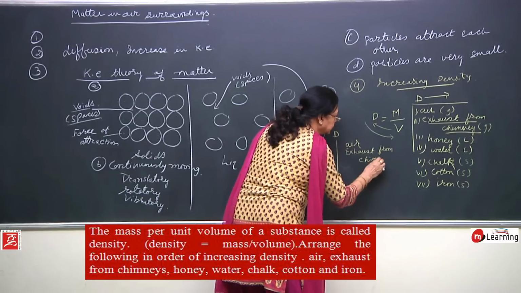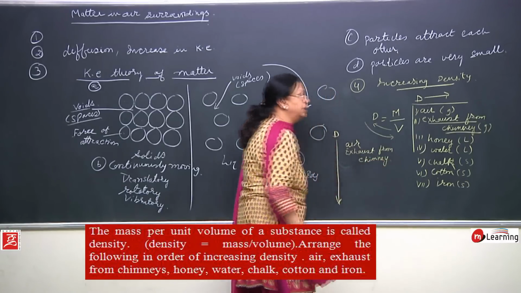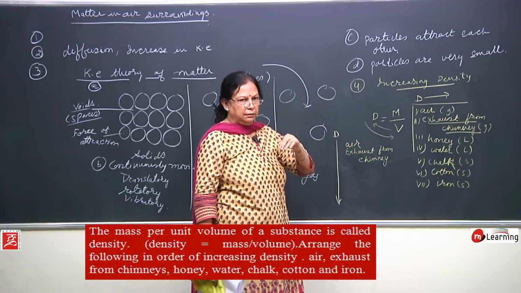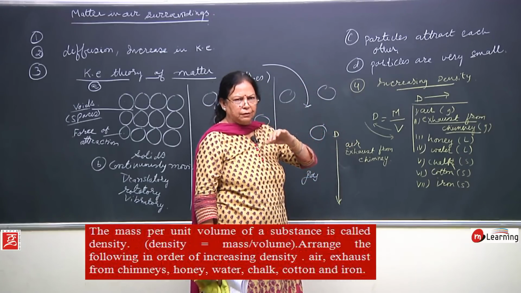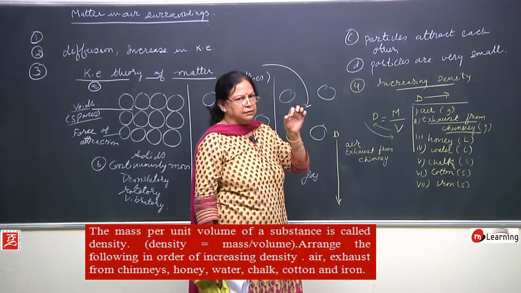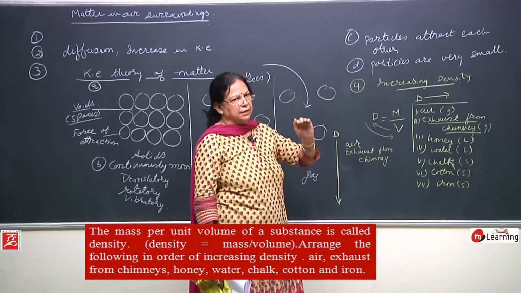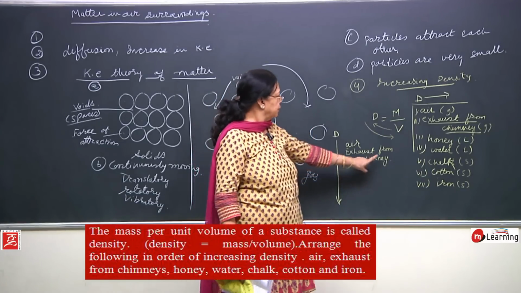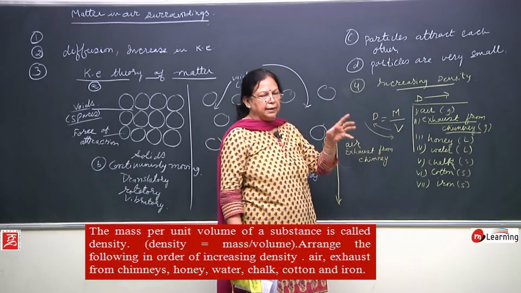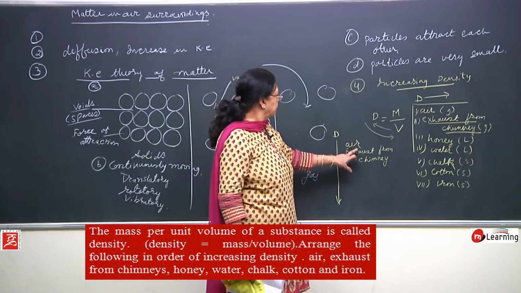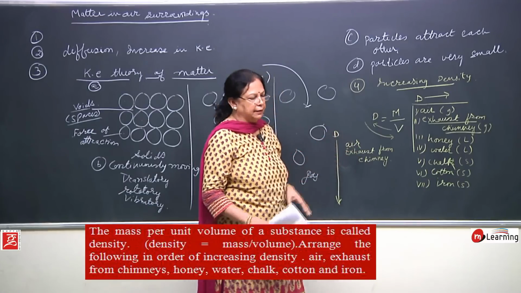In industries you must have seen chimneys, and along with the smoke you can see dust particles, all the impurities coming out from the industry or factories. The exhaust contains some heavy particles also. So the exhaust is heavier than the air.